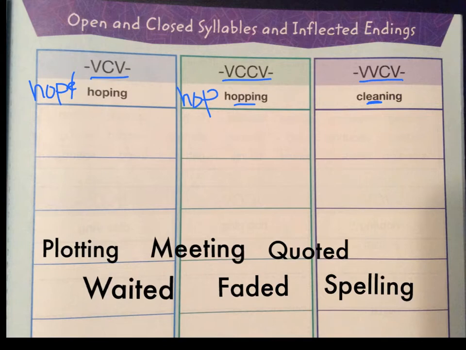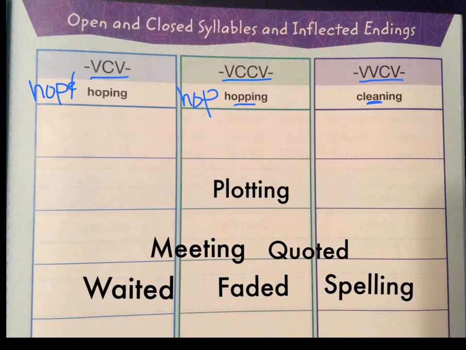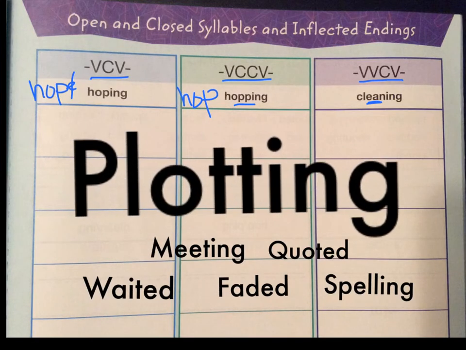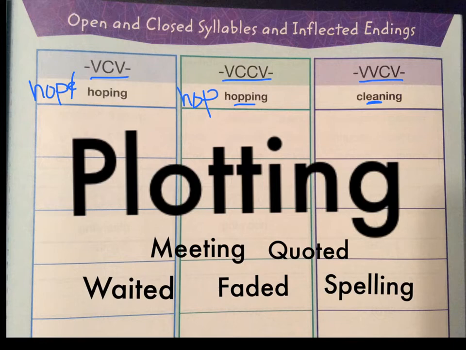So let's go ahead and start looking at our words. The first word I want us to look at is plotting. When we look at plotting, we can see that it has that TT in it. Because it has that double consonant, we can also see that it has the vowel, consonant, consonant, vowel.